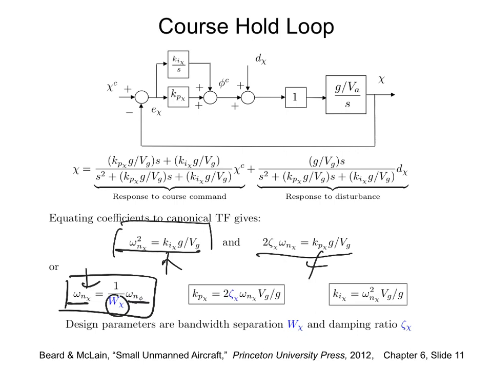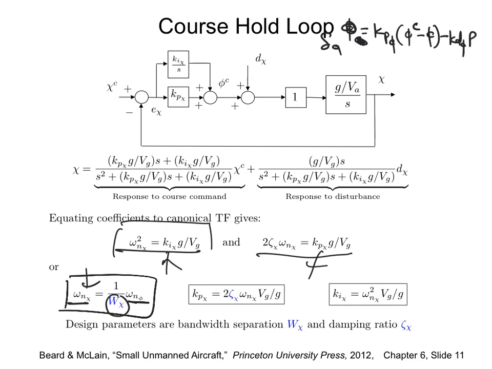Okay, so if I have to implement this, phi commanded will be equal to kp phi... no, that's the aileron, sorry. Delta A equals kp phi commanded minus phi minus kd phi into p.